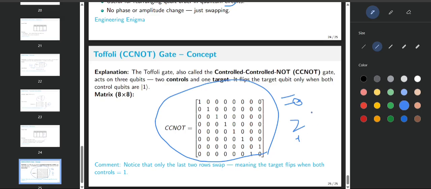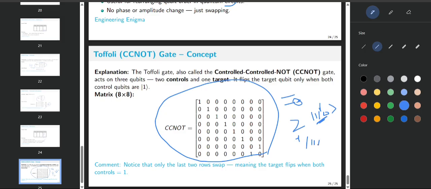How we operate here is, I have given one example, but I haven't given the matrix calculations because it is very large. If the two controls are 1, then only the target flips.